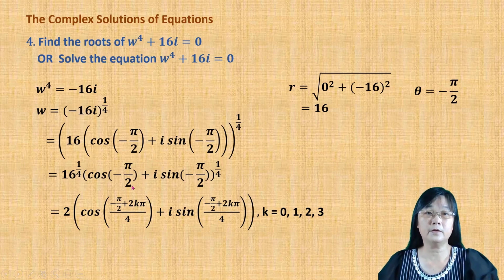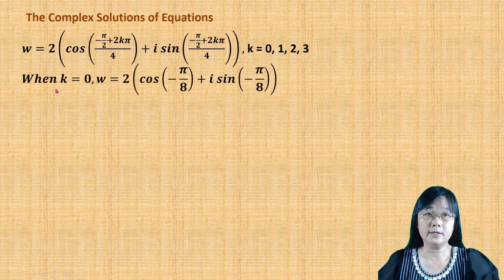For the argument, negative pi over 2 under the fourth root is equal to negative pi over 2 plus 2k pi, divided by 4, where k is equal to 0, 1, 2, and 3. When k is equal to 0, the argument is negative pi over 2 plus 0, over 4, that is negative pi over 8.